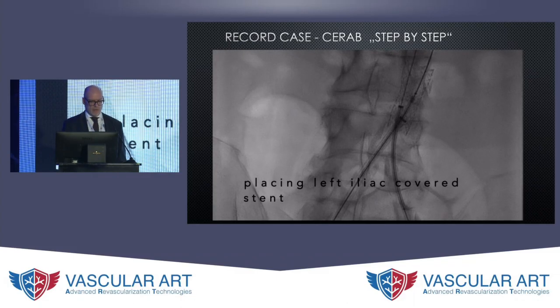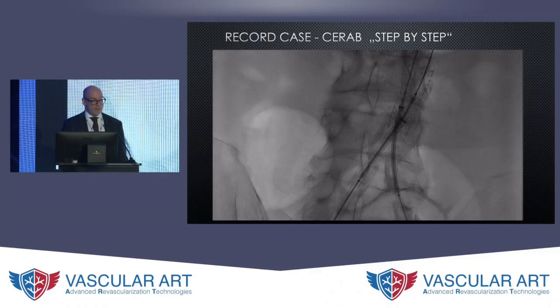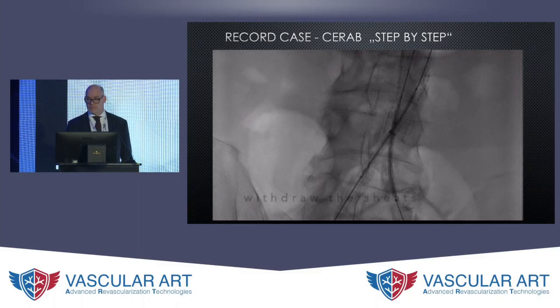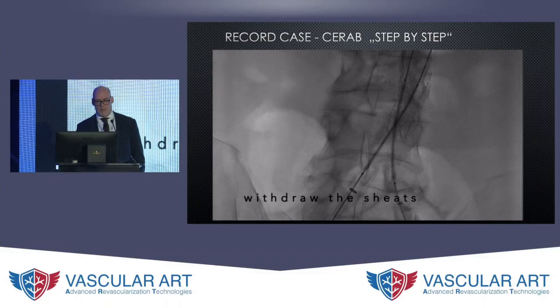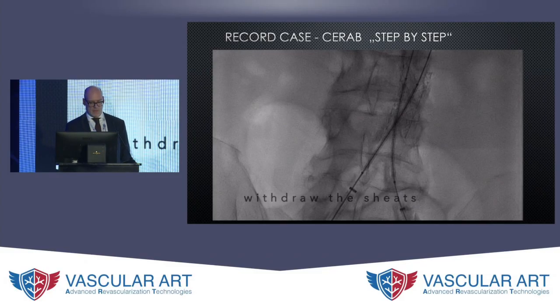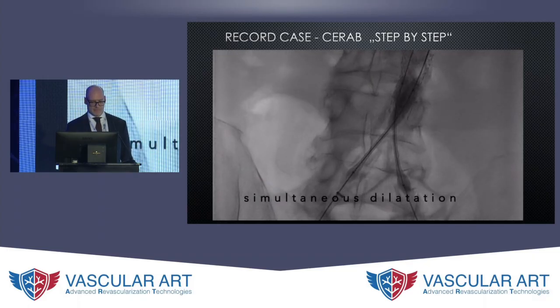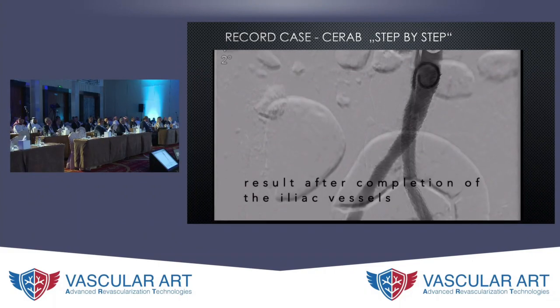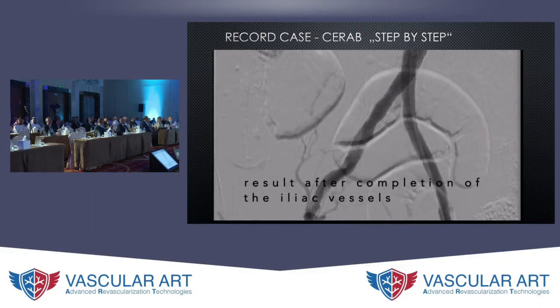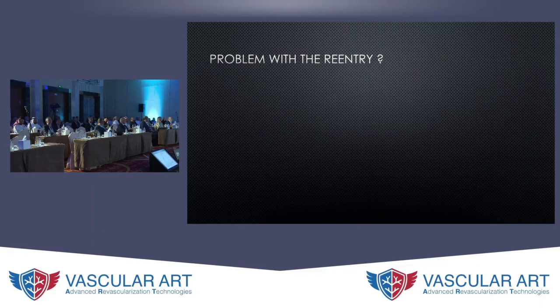And then there is the placing, also under protection of the sheaths, and withdrawal. And after placing the kissing stent technique, we can go to further steps, simultaneous dilatation. And after that, we have a good result.